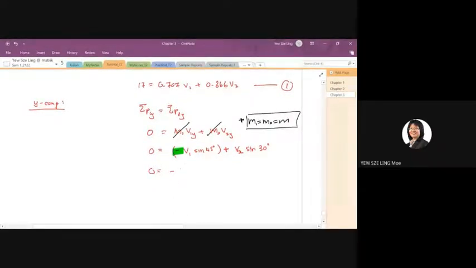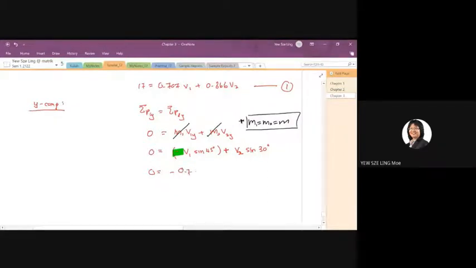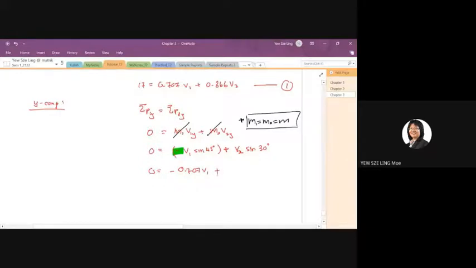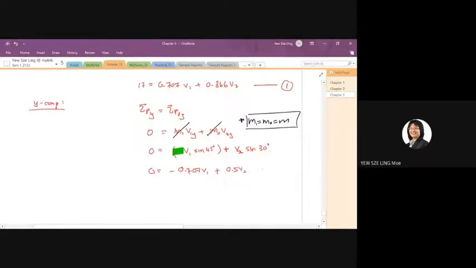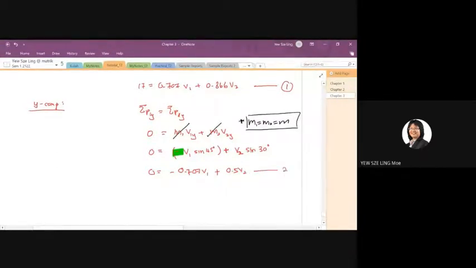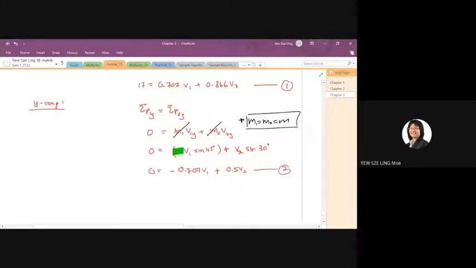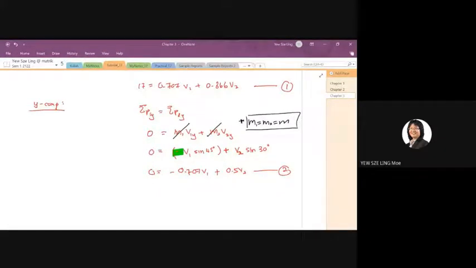Sine 45 degrees is 0.70 V1, plus sine 30 degrees, you will have 0.5 V2. So this is your second equation. Now that you have two equations with two unknowns, you solve the simultaneous equations.